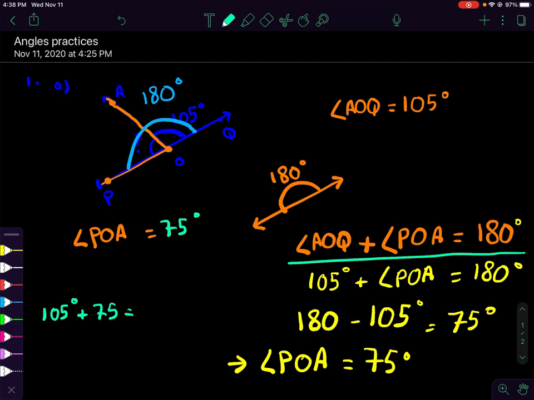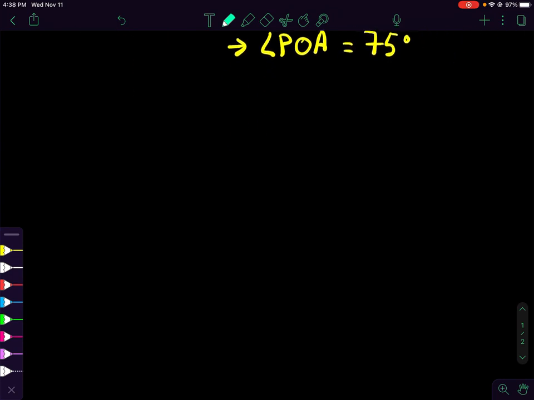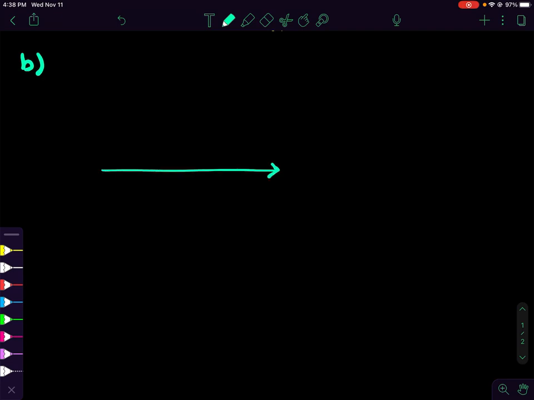But I'm going to do number B. So question number 1, part B. For part B, we also have a straight line. The name of our line is POQ. We have two lines going up.